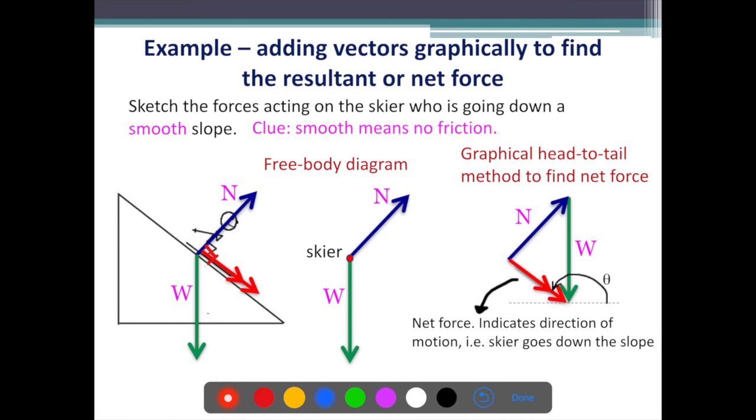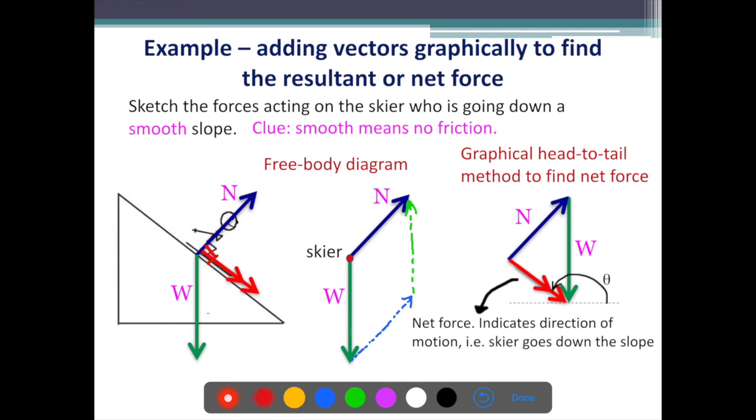If we copy the normal force like so, it should be the same length, because we're just copying the normal force from here to here. And then we copy the weight force onto here.